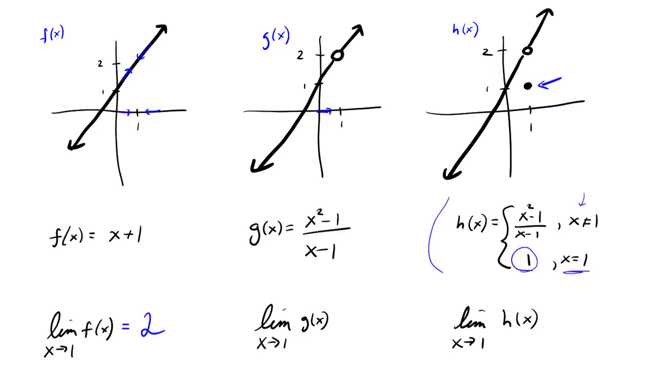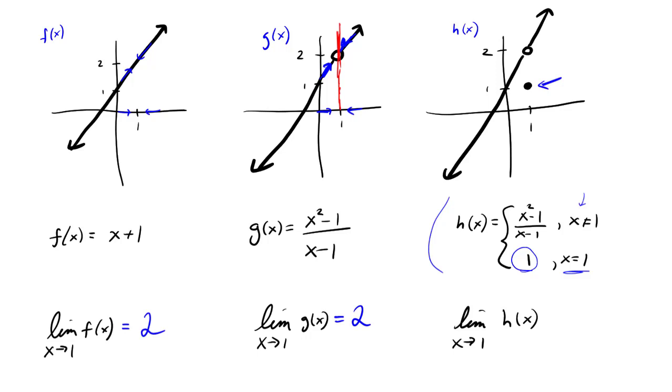As you approach 1 in x, notice that the values of g approach 2. They still approach 2 because we have to act as if there's some invisible line here at 1 that we can't see what's going on at 1. So we don't see that hole. We just see the fact that these values are approaching 2 as I get closer and closer to x equals 1. So this limit is 2.